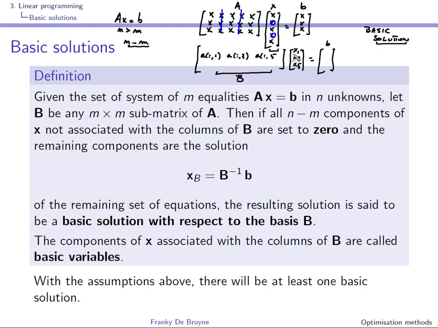And the variables that we have selected in this second system of equations are called the basic variables. Here the basic variables are x1, x3, and x5. And since we have assumed n larger than m, there will be at least one basic solution.